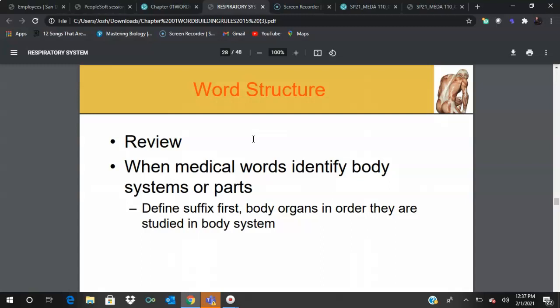We can mix the heart and the vessels together, which gives us the cardiovascular system. You can mix the stomach and the intestines together and get the gastrointestinal system. As you study these, the heart comes first, then either the vessels or the lungs, and when studying the digestive system, you study the stomach first and then the intestines.